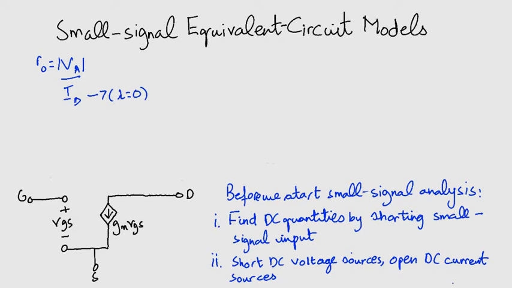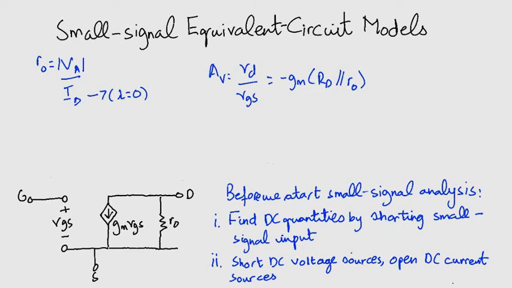In the circuit we can draw it, and it comes in parallel with the current source. Now if we incorporate this resistance into the voltage gain formula, we get minus gm multiplied by Rd parallel with R0. This will obviously mean that the voltage gain will be reduced, but it will be more realistic.